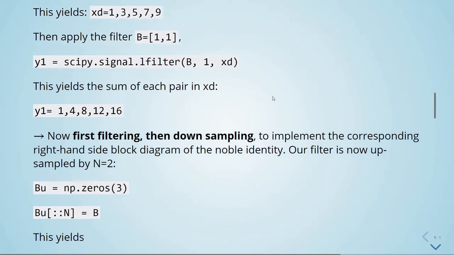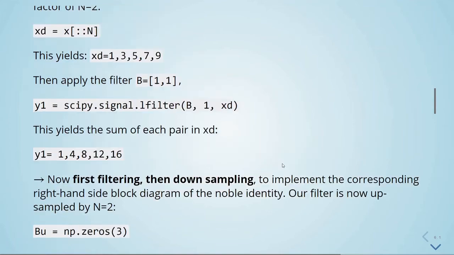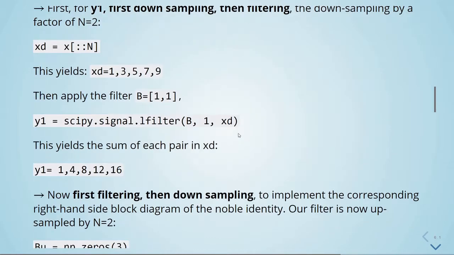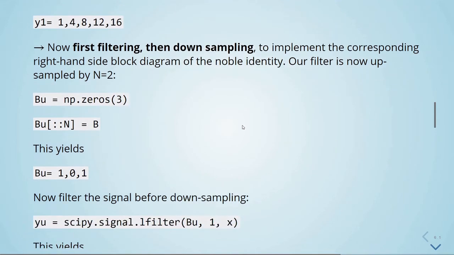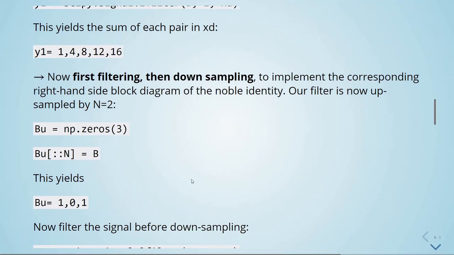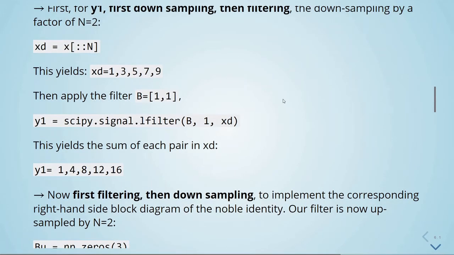So now first filtering and then downsampling, to implement the corresponding right hand side block diagram of the noble identity. So this part here, first filtering and then downsampling. So we will have here an array with zeros. Then we will include some samples. Then it will yield this here, because we had b equals this.